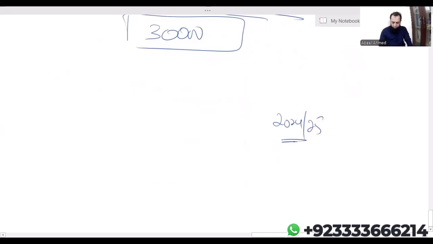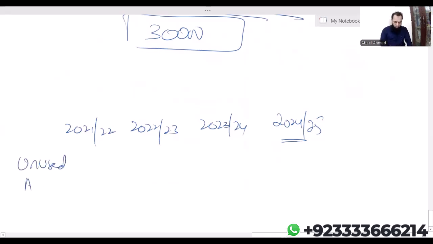Number 1, if I go 3 tax years back, 23-24, 22-23, and 21-22. Okay. Assuming we have unused annual allowance, here I have unused annual allowance 10,000. Here I have unused 15. Here I have 25.